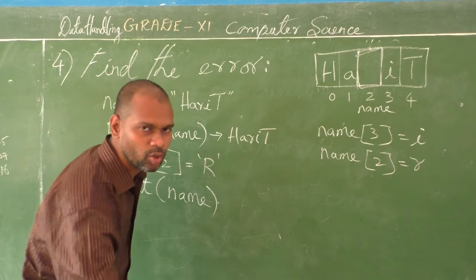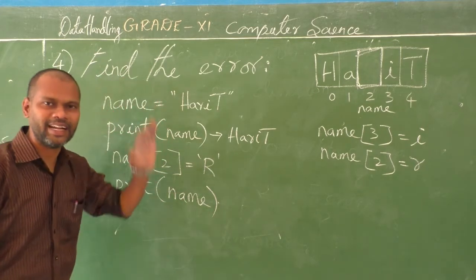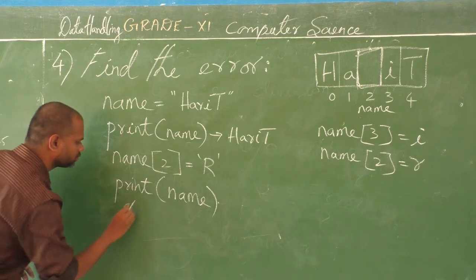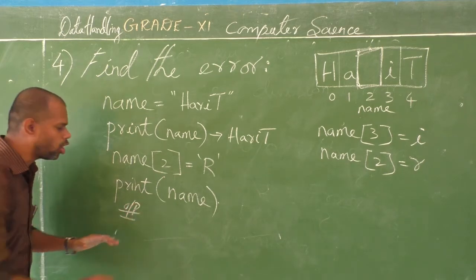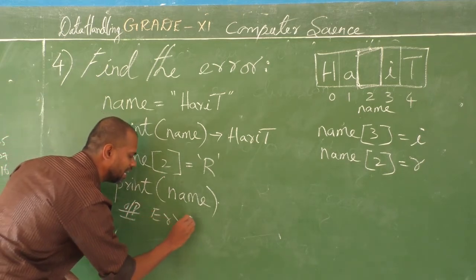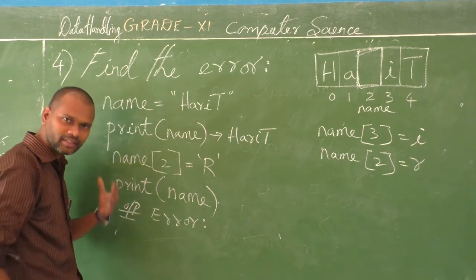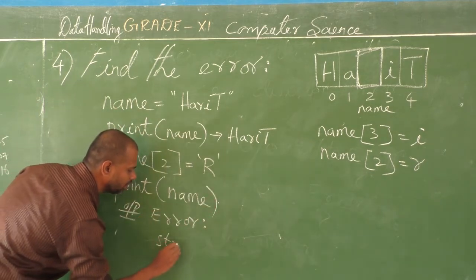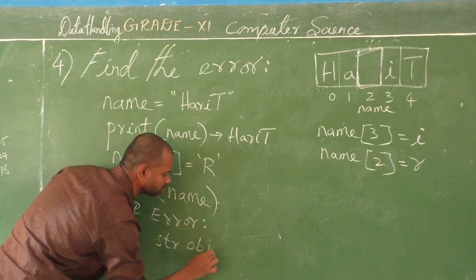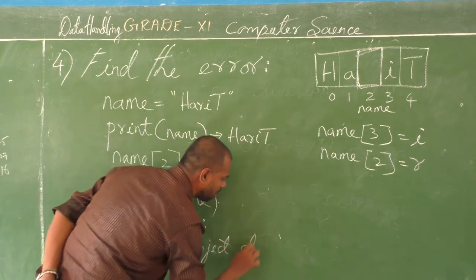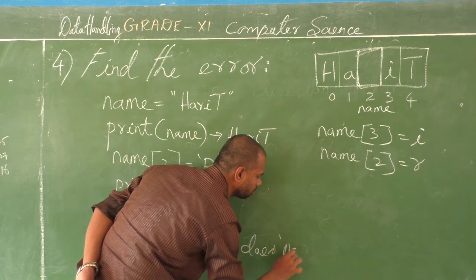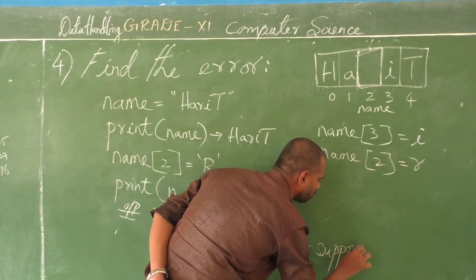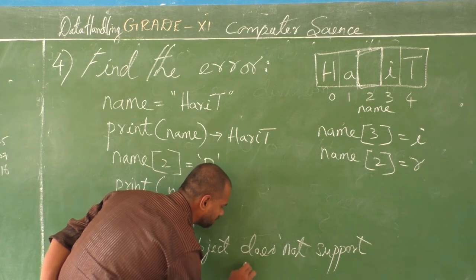So, sir, if you type this one and press enter, what will be the output? It will show an error. Error? Yes, error. What error? The error is: str object does not support item assignment.